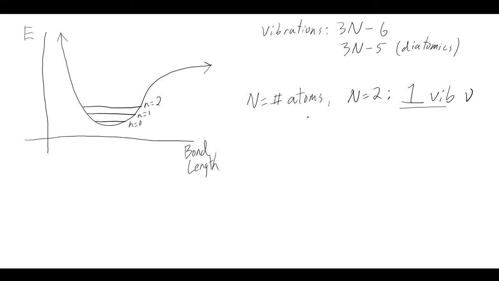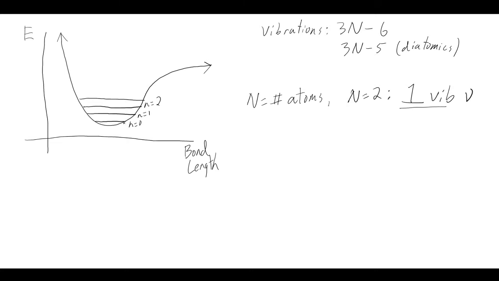Frequency here is how many times the atoms are moving back and forth per second, but the amplitude is what's changing here. So there's a ladder structure for each of these different vibrational frequencies. In a diatomic like we're showing here, there's only one vibrational frequency, but there still are different amplitudes of that vibration.